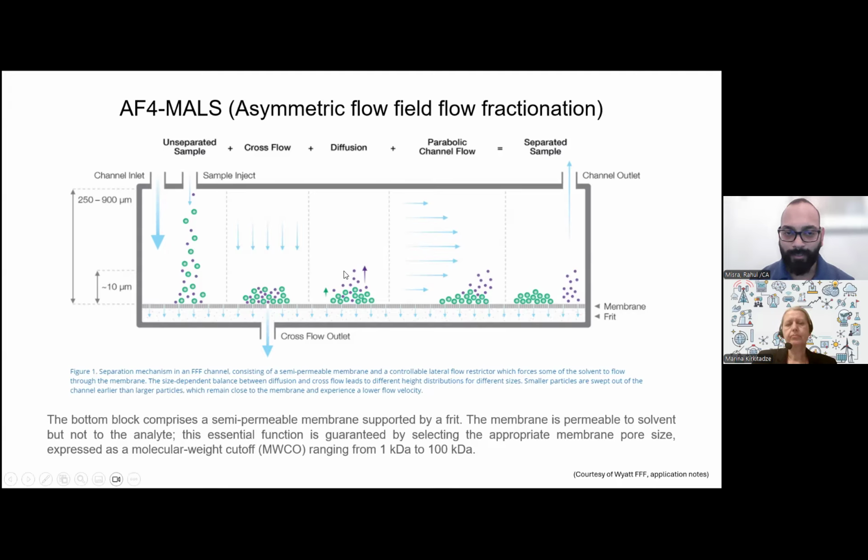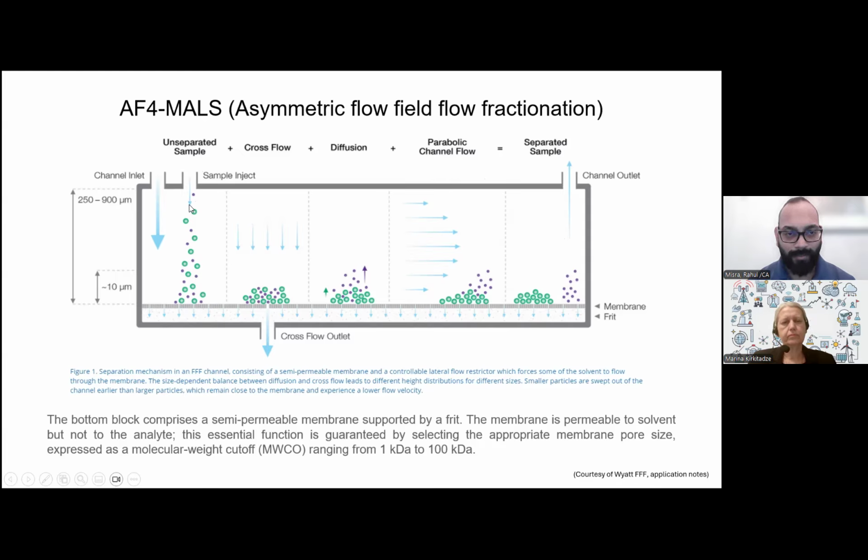Here, there is no interaction with the column. You can imagine this as a channel, and I will call it a channel and not a column. This channel has a semi-permeable membrane, and on the top you're injecting your sample, which has a mix of different populations. So you see the larger green particles and the smaller purple particles, and there is a flow moving in this direction.